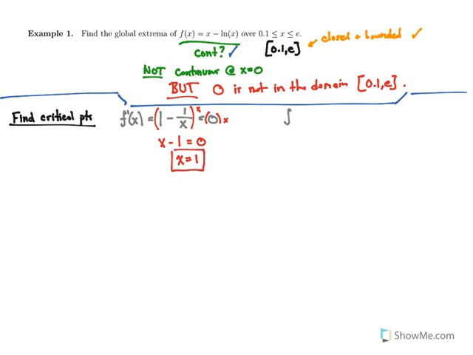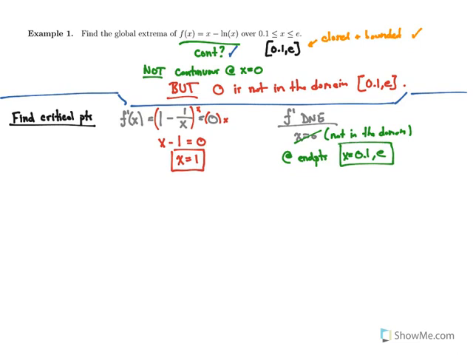We also need to think about when the derivative does not exist. We have that at x equals 0, but note that's not in the domain, so you don't have to worry about that. And at endpoints, so at x equals 0.1 and e.